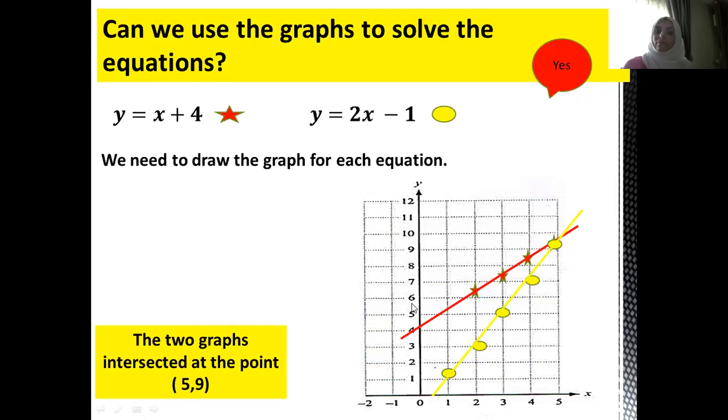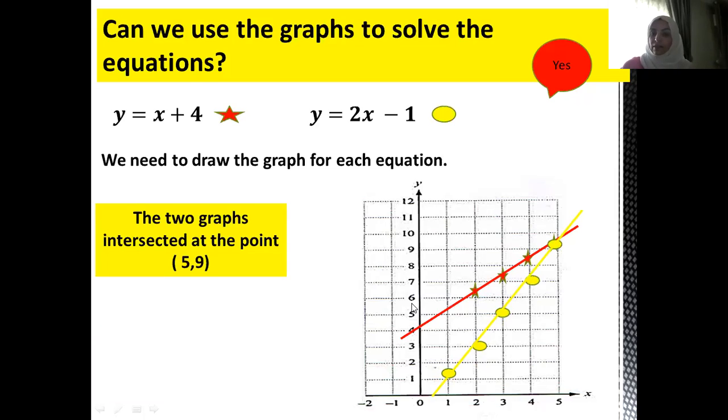Now the two graphs intersected at which point? Both graphs intersected at the point 5, 9. What does 5, 9 mean? Let me remind you of the previous slide, what was the solution? x was 5 and y was 9. So whether I solve the two equations algebraically, getting a value of x and a value of y, or I solve the equations from the graph, I found the intersecting point.